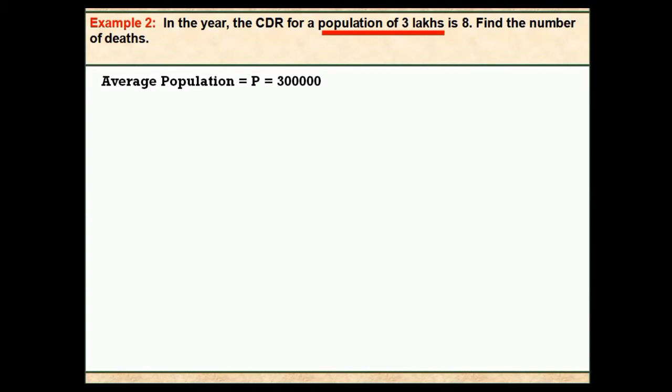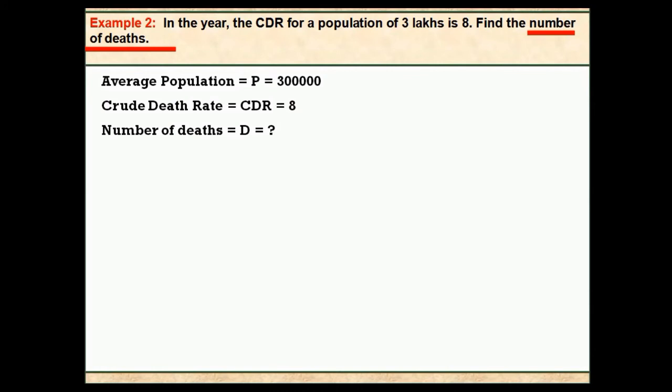Average population P equals 3 lakh. Crude death rate, CDR, equals 8. Here we need to find the number of deaths, D. CDR equals D divided by P into 1000.